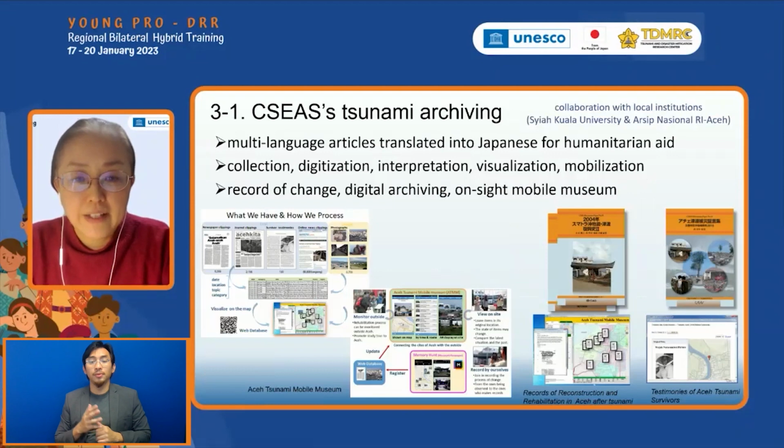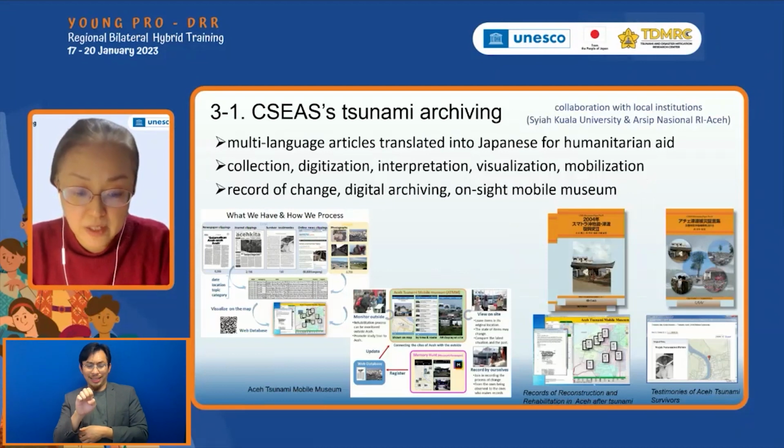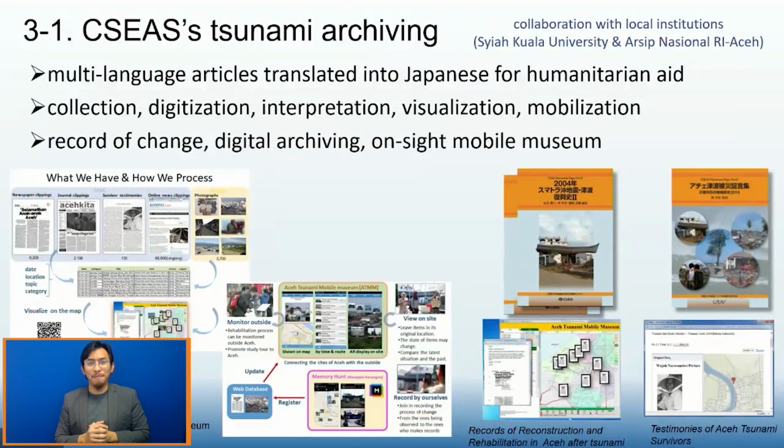So now I introduce our institution, Center for Southeast Asian Studies, Kyoto University's activity for archiving the tsunami disaster. So far, we have cooperated with TDMRC and MIK, Magister Ilmu Kebencanaan, Universitas Syiah Kuala University, to build the Aceh Tsunami Archive.